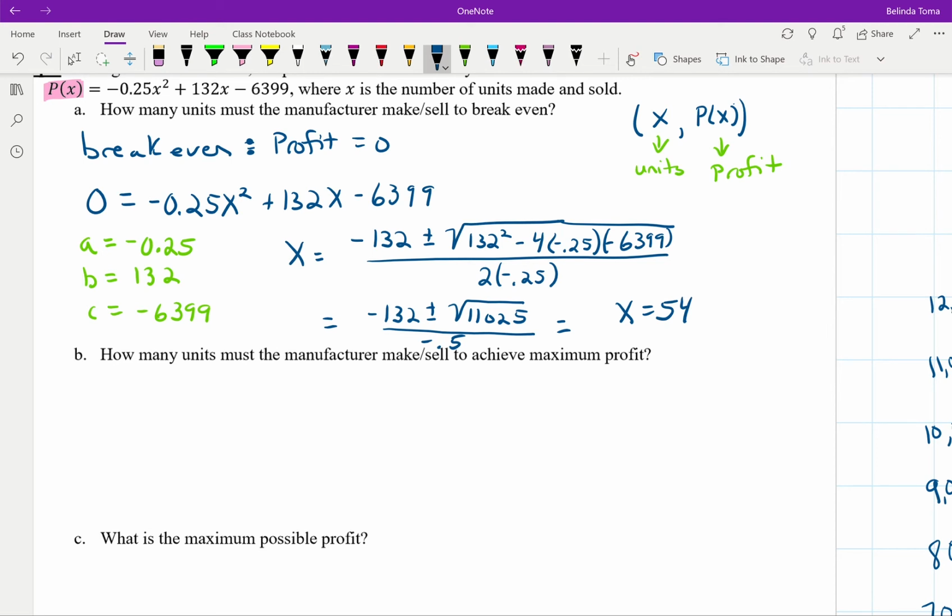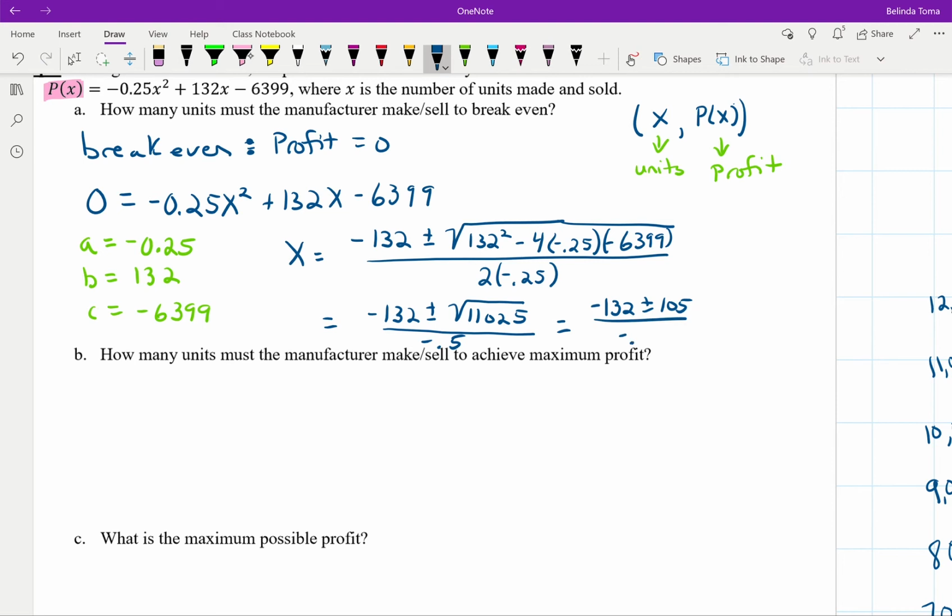Let me just go ahead and put this into the calculator, and so the square root of 11,025 is 105.